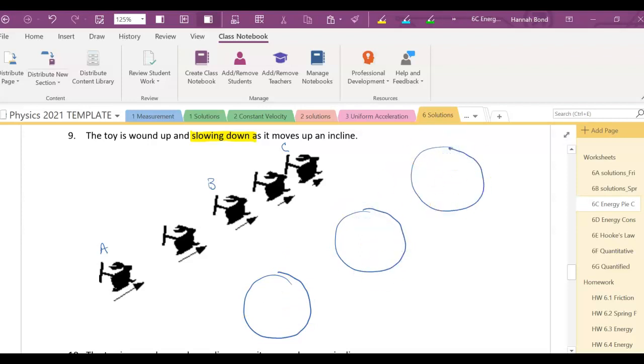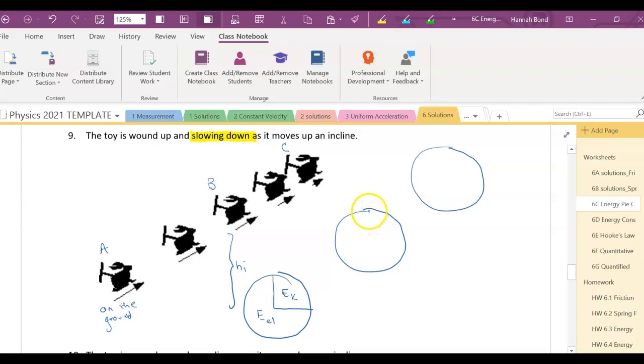At the beginning, it's moving pretty fast, and it is wound up, and so the rest of its energy is elastic potential energy. Right here, it's on the ground, right? Okay. At position B, it has moved up to a taller height, and it has slowed down.